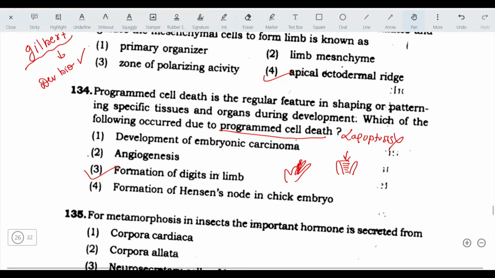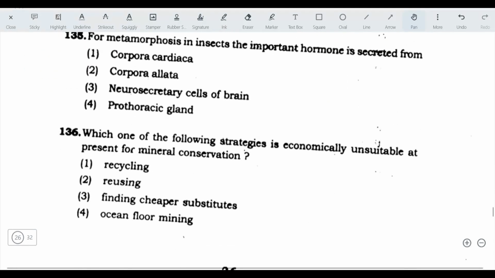fetus. This question, for metamorphosis in insects, the important hormone is secreted from the prothoracic gland, and the name of the hormone is ecdysone. Next, which one of the following strategies is economically unsuitable at present for mineral conservation? Answer is ocean floor mining.